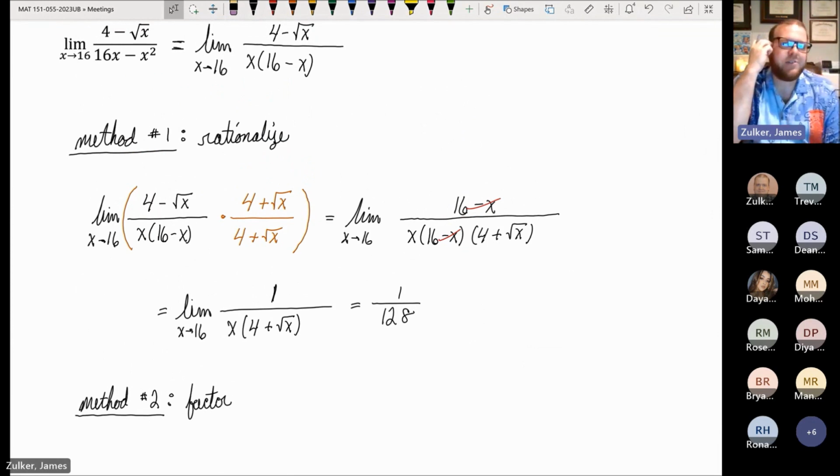We can actually continue to factor. I see a difference of squares.